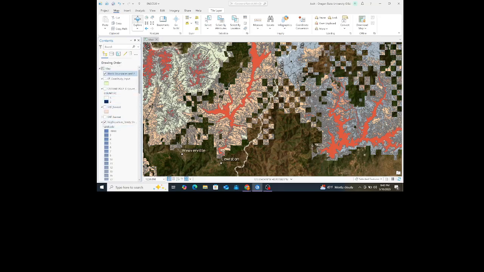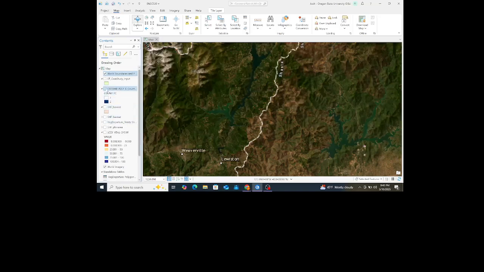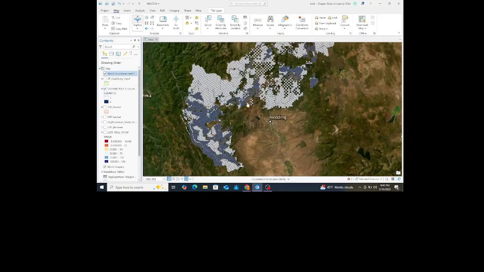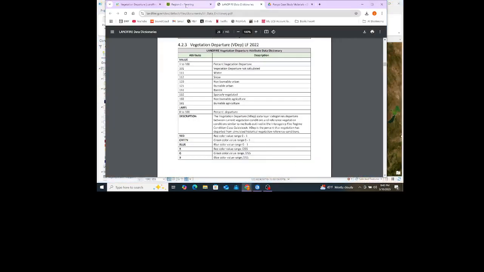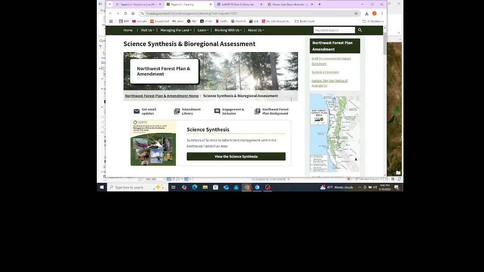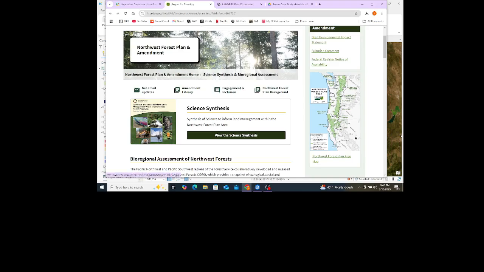And then the other data set that we incorporated were critical habitat designations. This data was pulled from the bioregional assessment for the Northwest Forest Plan area, and that area is from the Sierra Nevadas up through the North Cascades.